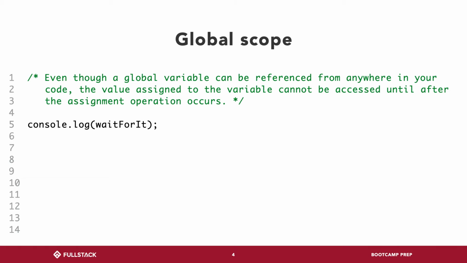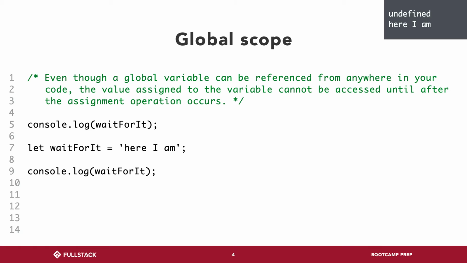So global scope: even though a global variable can be referenced from anywhere in your code, the value assigned to the variable cannot be accessed until after the assignment operation occurs. Right? Console.log wait for it, let wait for it equals here I am.